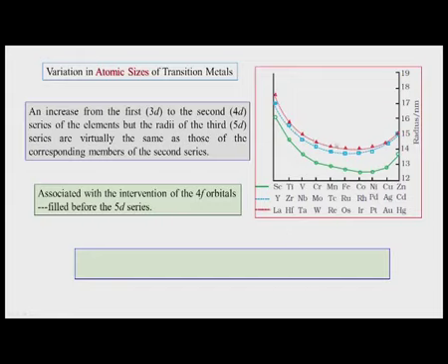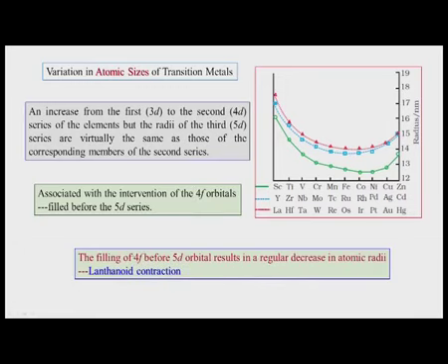That is why these two series, the 4d and 5d series, have atomic sizes that are very close by. And just now what I told you, we can also define this by stating that the 4f orbitals are filled before the 5d orbitals.